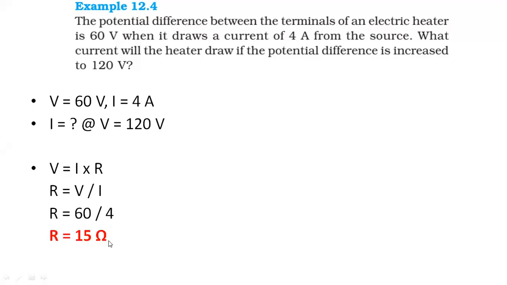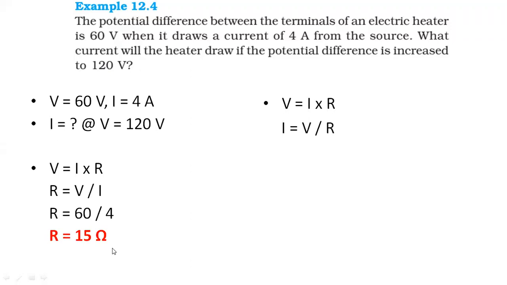Okay? Now this resistance I am going to use for the second case. The same formula, V is equal to I into R, but instead of using V as 60, we'll use 120 now, because that is the second case. We are going to find out current. The new potential difference is 120. And the R value will remain constant for both the cases.